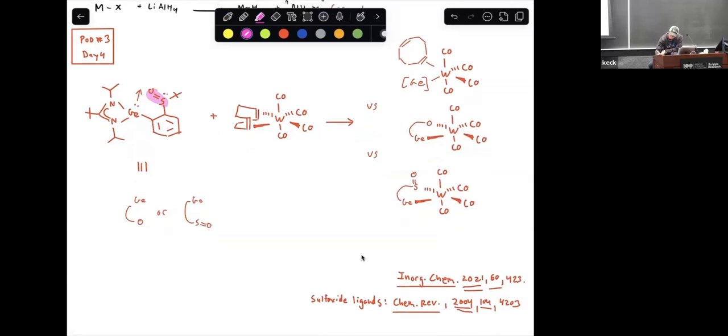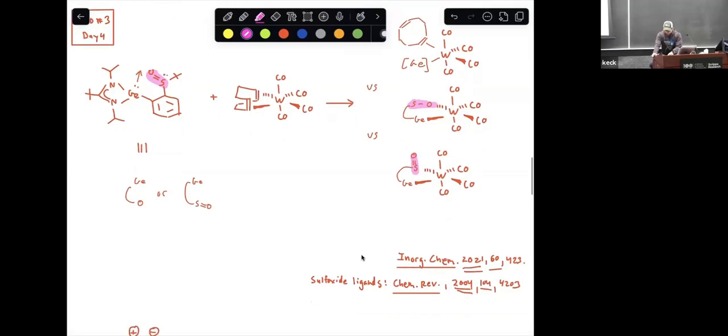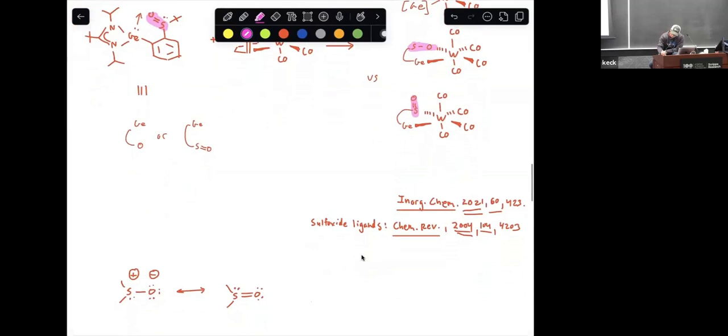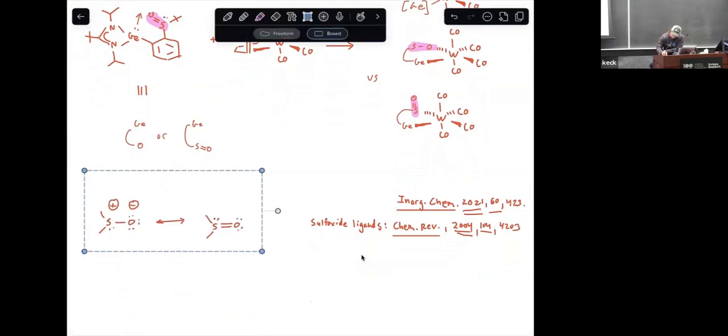The idea is that you could use IR here. So here you want to compare free sulfoxide versus the bound forms. What we're really talking about here is these two resonance states.